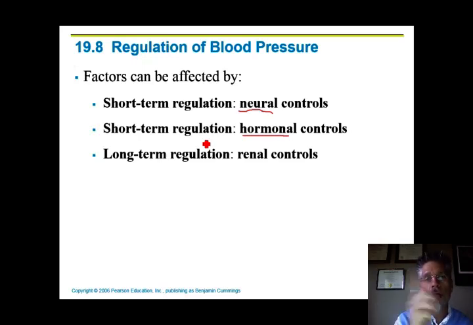But hormonal, they go into circulation, and in fact, they can have influences over minutes instead of seconds. Now, if you're talking about really long-term things, what we're talking about is control from the urinary system, because the kidneys are constantly monitoring and modifying the blood volume, the blood concentration, etc.